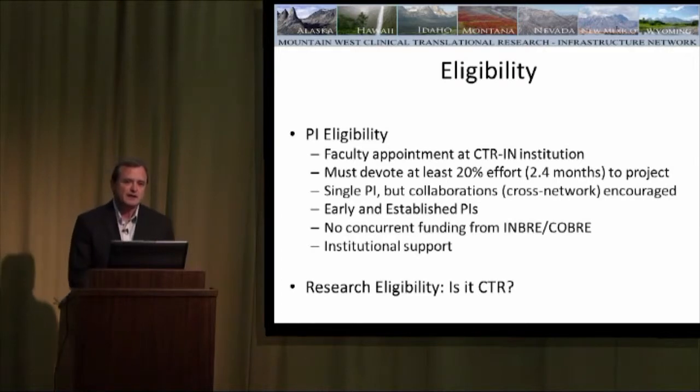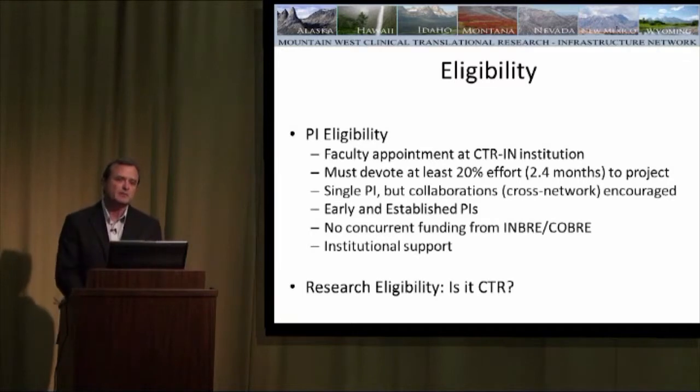We're interested in career development of junior investigators who are setting up new programs. That's obviously a great use of pilot funding. However, we're not discriminatory. We will definitely encourage and support projects from established investigators who are making a significant change in direction into clinical and translational research.